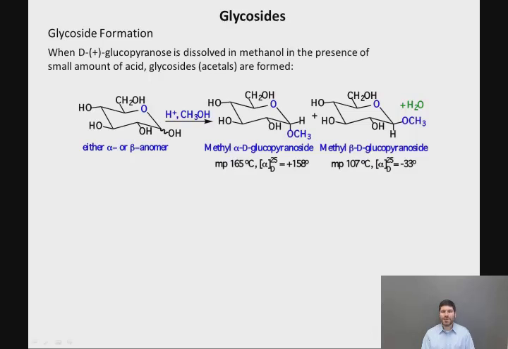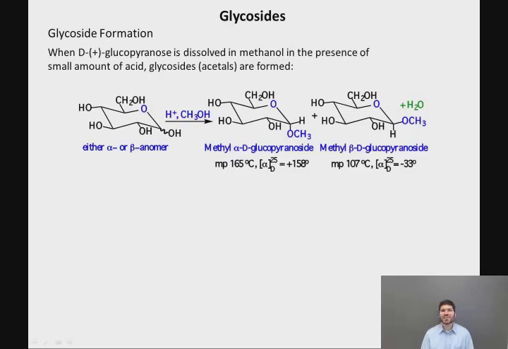So these two compounds are significantly different from each other. Of course, they are examples of being epimers, anomers, diastereomers. The alpha has a melting point of 165 degrees. The beta has a melting point of 107 degrees. But look at the real difference in their optical rotations.